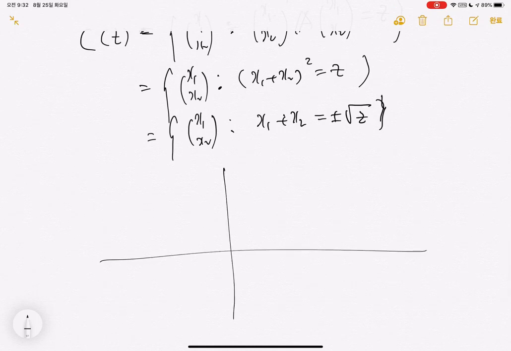So it's a line. It depends on z. It's like this, right?